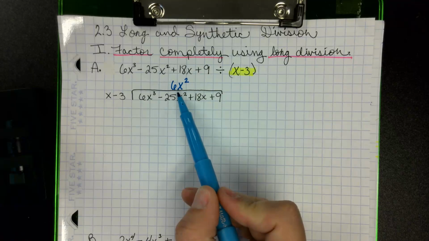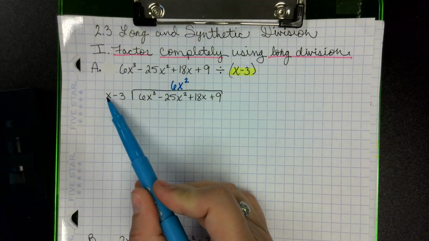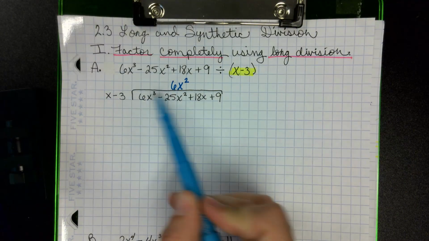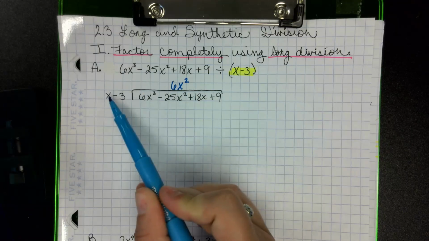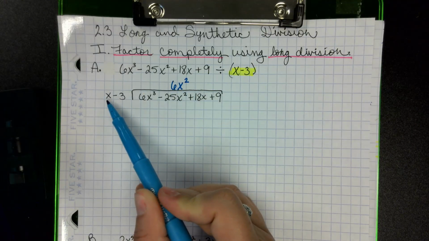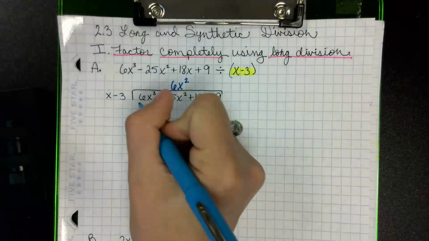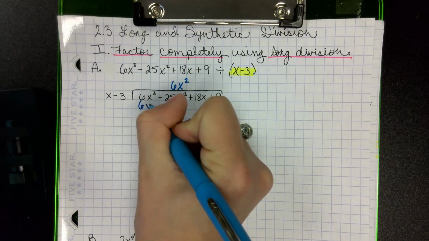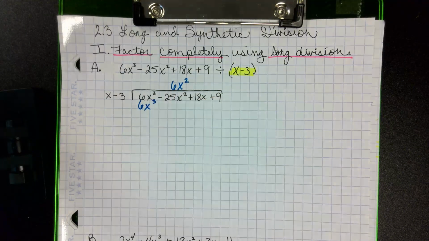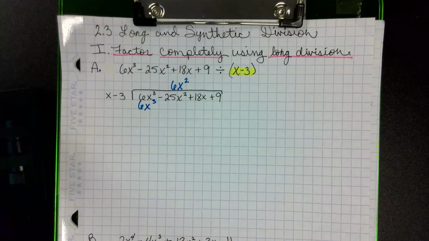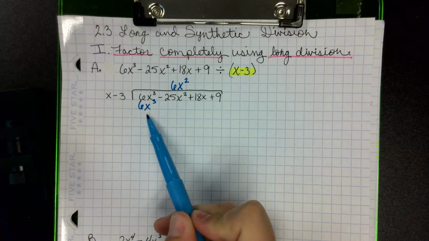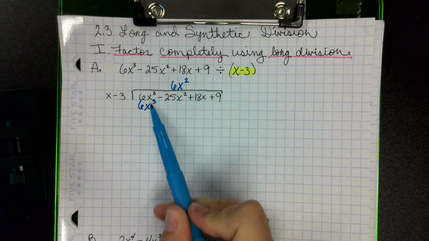So now I have 6x squared. I multiply it back times every piece of the divisor. So 6x squared times x gives me 6x to the third, and that's x to the third. So I'm going to put it underneath the other x to the third. This part is not a preference. This has to be underneath its like piece. You have to line up these.